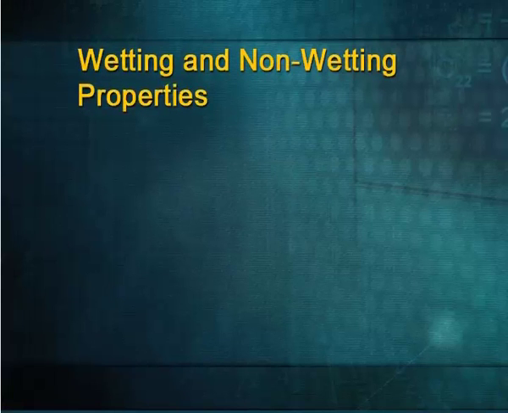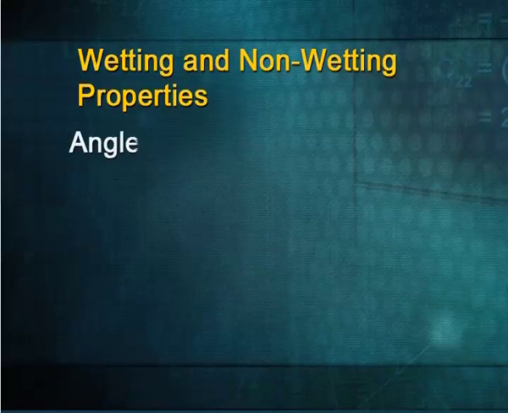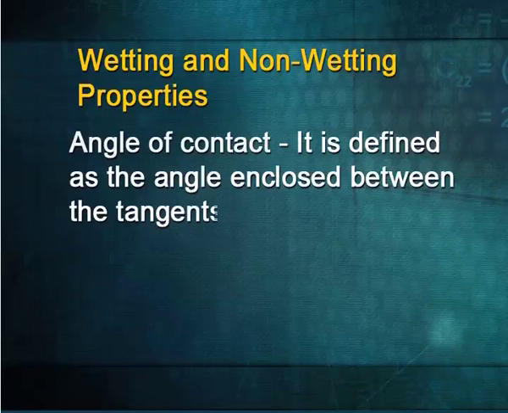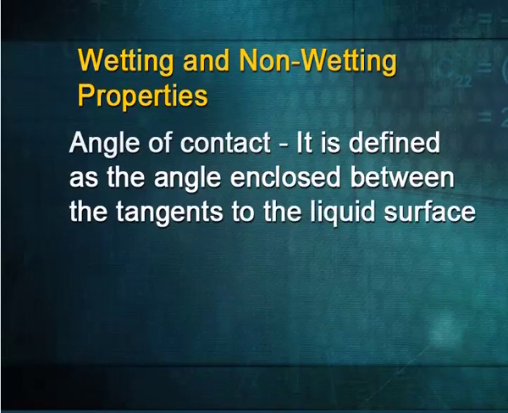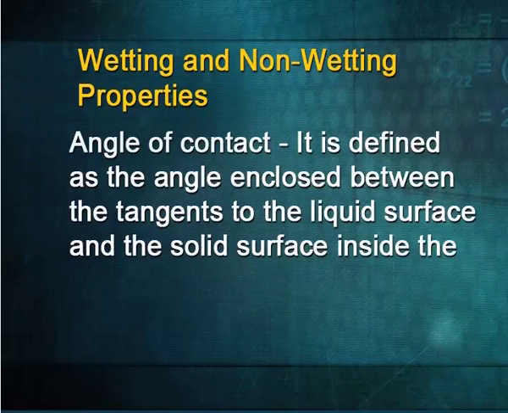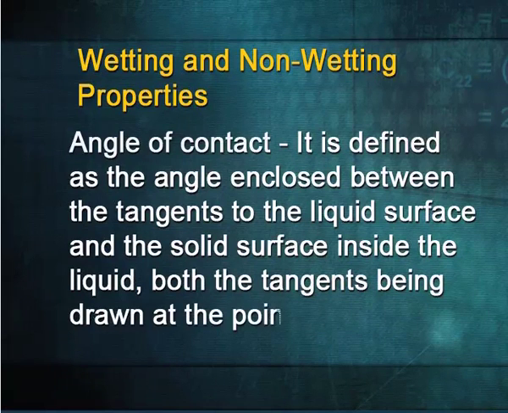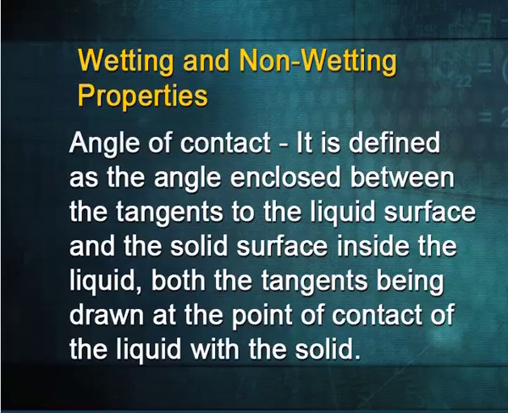So before starting this topic, wetting and non-wetting properties, you must know what is angle of contact. So angle of contact is defined as the angle enclosed between the tangents to be drawn on the liquid surface and the solid, both inside the liquid, and the tangents to be drawn at the point of contact of the liquid with the solid.